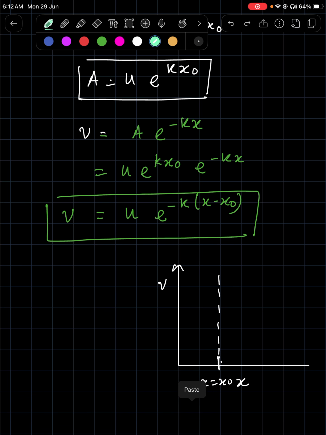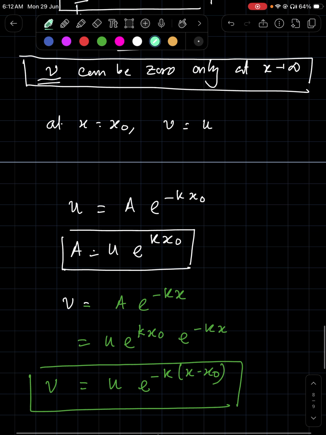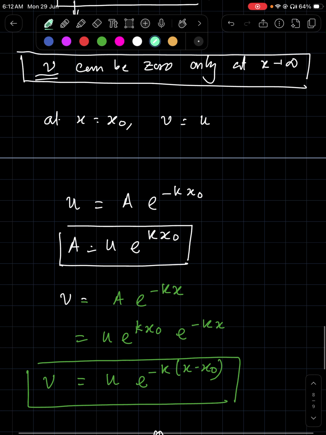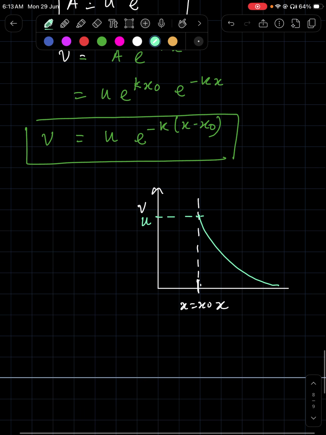It is slightly more curved. Yeah, so this is the plot, and here the value of velocity is u, at the initial position. This is a very surprising case, and it can occur. It can open your eyes to see that a particle can go to infinity, a very long distance, with a diminishing velocity. It need not stop.